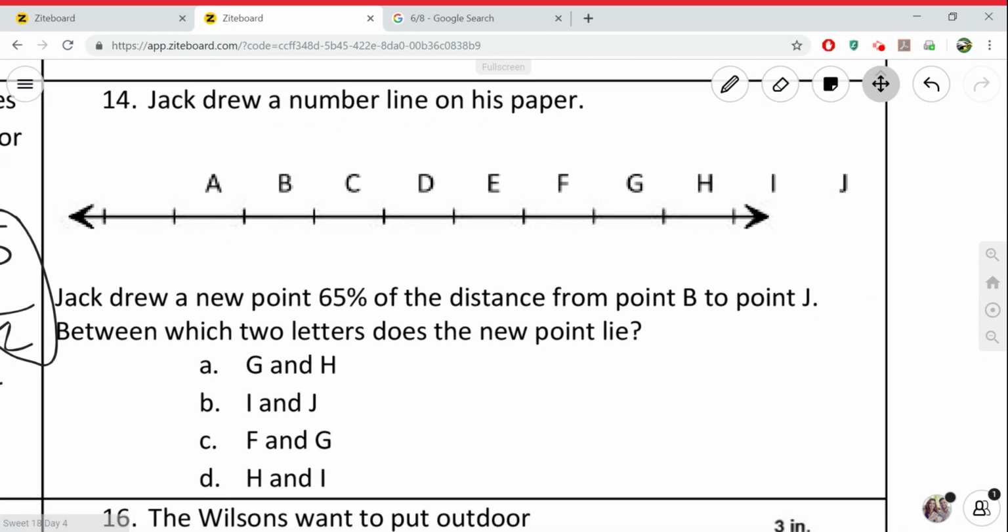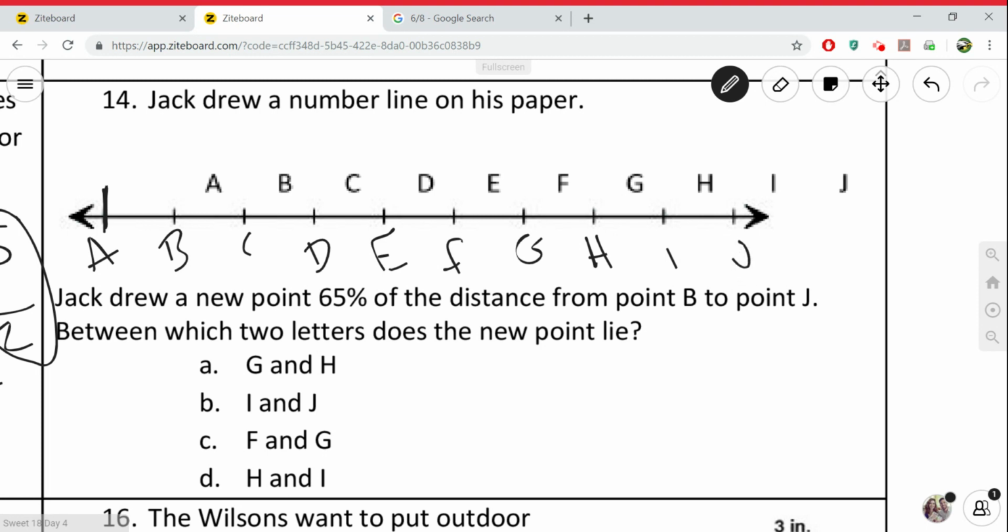Question 14 says Jack drew a number line on his paper. Now you'll notice that the letters are not right. So I'm going to rewrite my letters. A, B, C, D, E, F, G, H, I, J. And it says Jack drew a new point 65% of the distance from point B, which I'm going to draw right here, to point J, which is going to be right here.